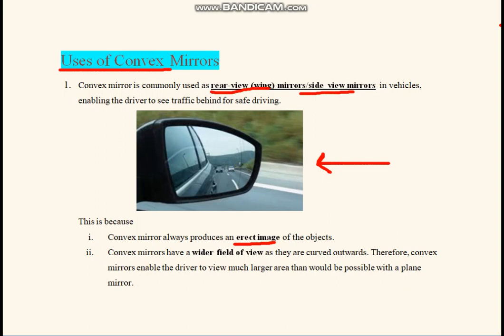And the second reason is that convex mirrors have a wider field of view in comparison to a plane mirror because they are curved outward. Here, wider field of view means that the driver can see a much larger area behind the vehicle in comparison to a plane mirror, which has a smaller field of view.